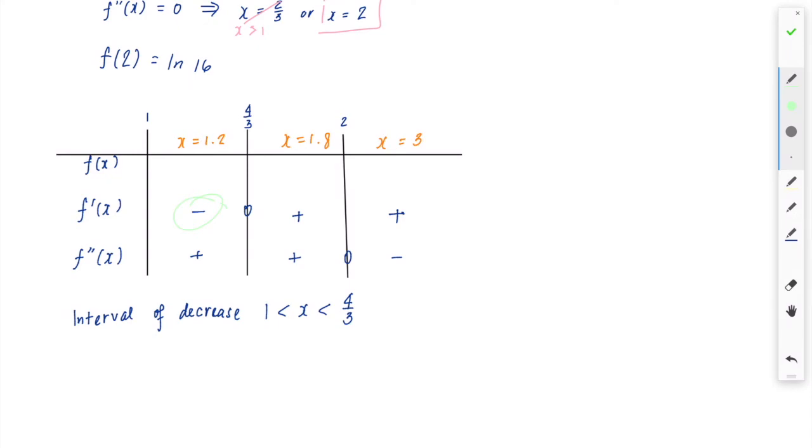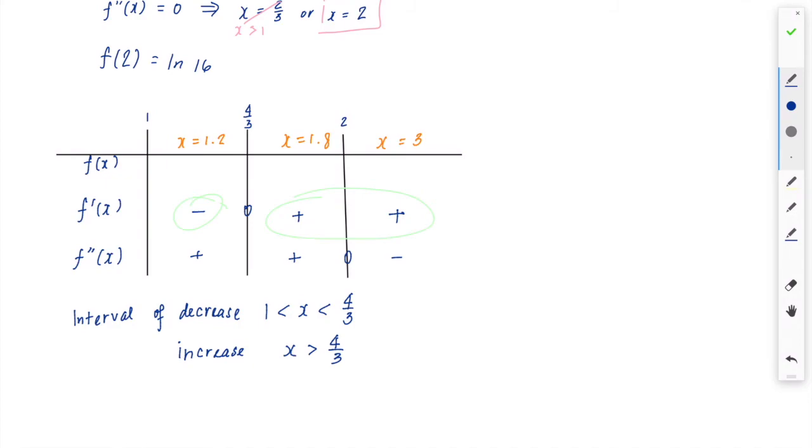To the right of that region, I have an interval of increase for x greater than 4/3, which implies that there is a turning point at x equals to 4/3, and it is a local minimum, or it can be the absolute minimum in this function actually.